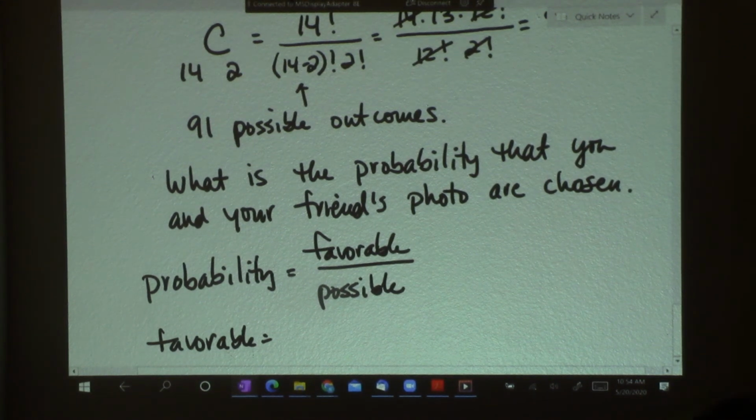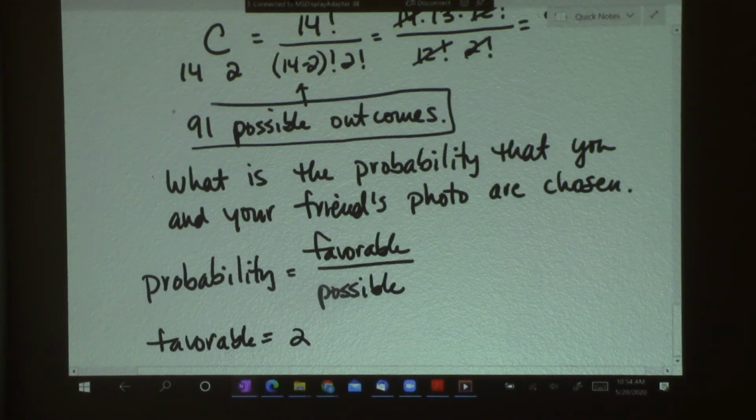So out of 14 photos, either picking you first or your friend first would be what you would want. 2 possibilities. And what are our possible outcomes? Well, we used our combination to figure that out. So it's going to be 91. So it's 2 out of 91. That's the chances that you and your friend are both going to be picked. Not very good chance. I think I would want to just talk to the editor if I really want my photo there. I think I would have a little bit more chance there.